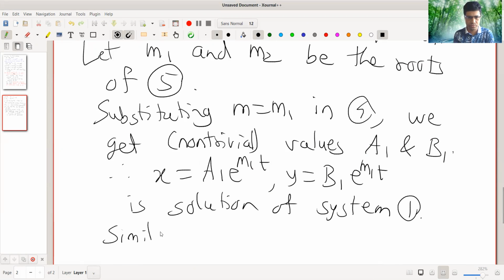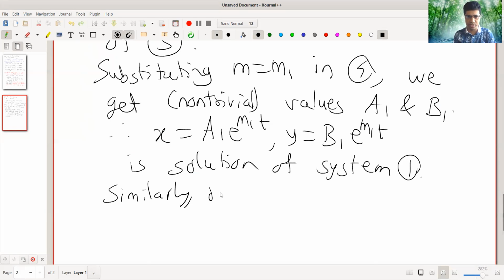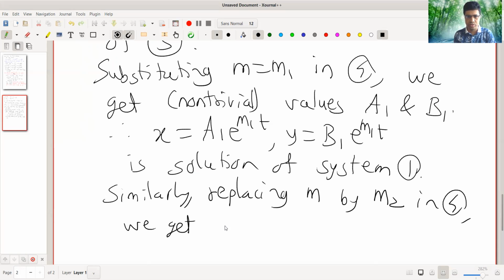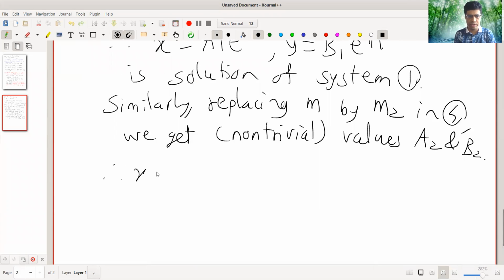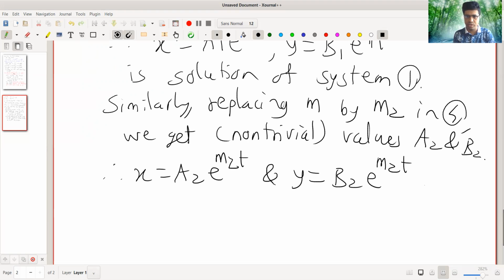Similarly, we replace m by m2 in 4 and we get non-trivial values a2 and b2, and therefore x equal to a2 e raised to m2t and y equal to b2 e raised to m2t is another non-trivial solution.